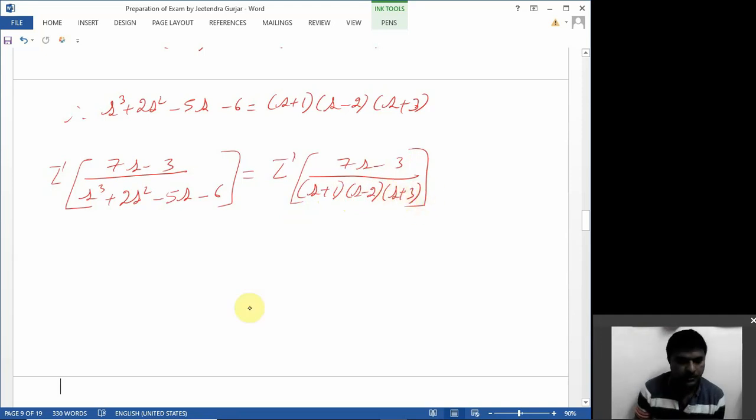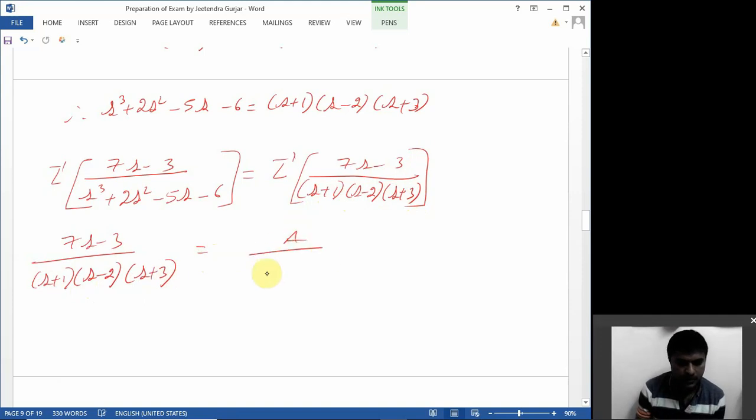Okay, so now again we have to use the partial fraction. So (7s minus 3) divided by (s plus 1)(s minus 2)(s plus 3). I am going to use the partial fraction.